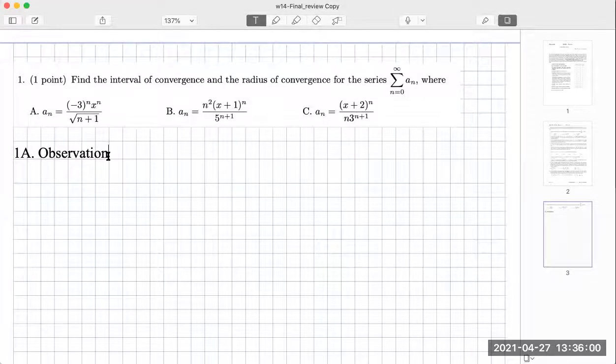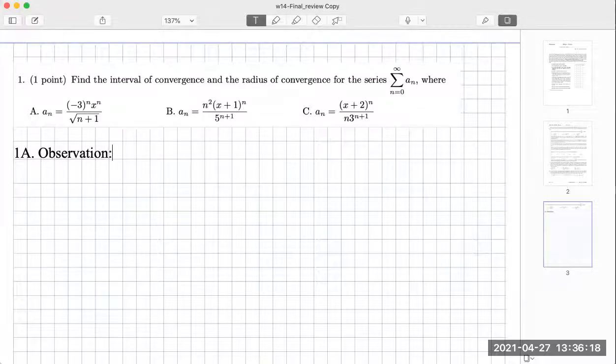Hello. So let us do the example, question 1a here. Observe that here is a power series, right? Therefore, there are two tests we may be able to use here.